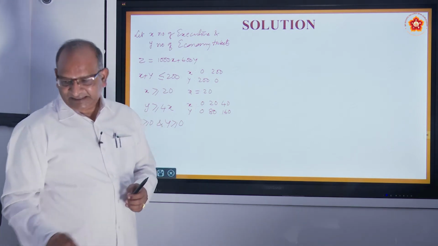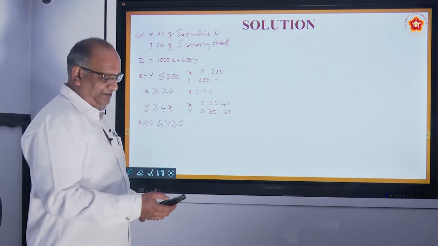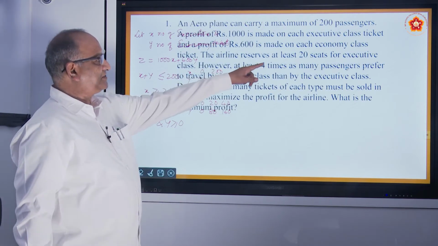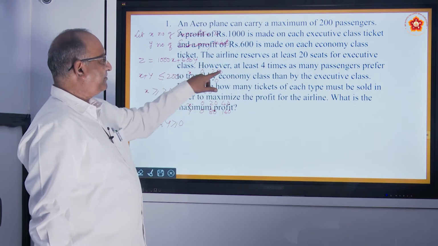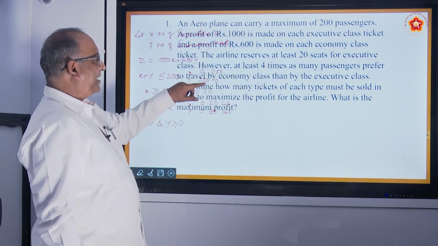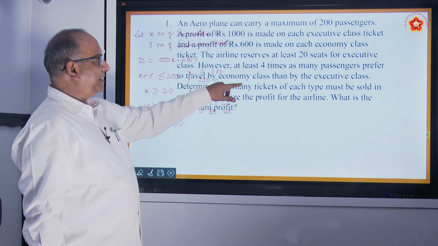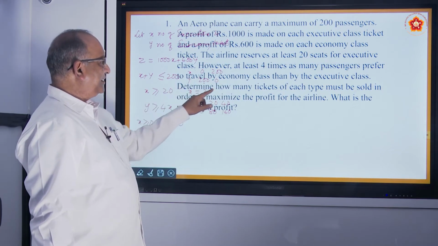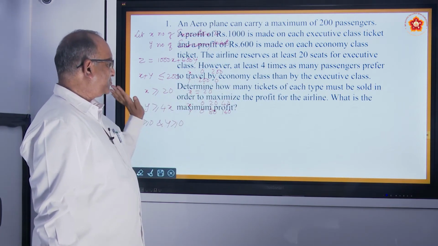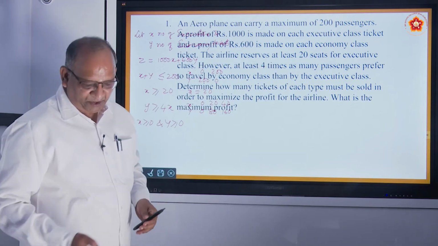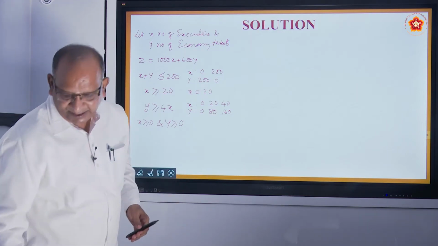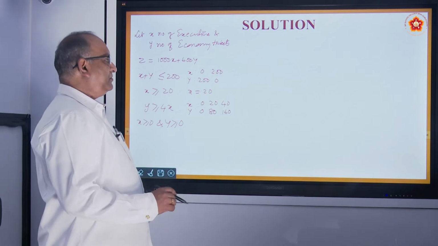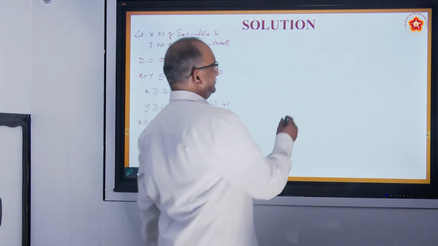Once again, we will just check whether we have missed anything. The airline reserves at least 20 seats for executive class. However, at least 4 times as many passengers prefer to travel by economy class than by the executive class. Determine how many tickets of each type are sold to make the maximum profit. So this is good enough information. Now draw the graph.